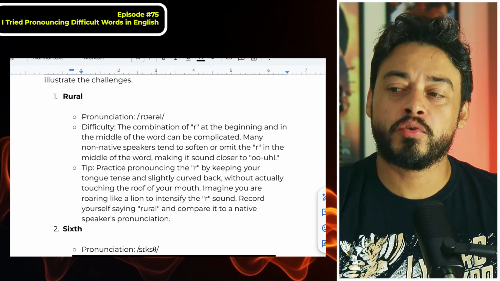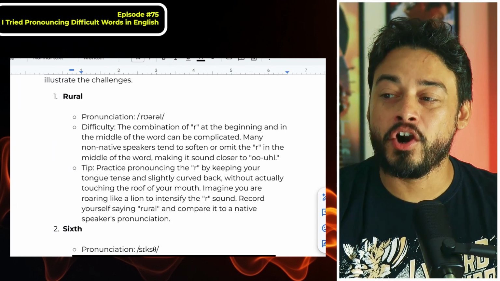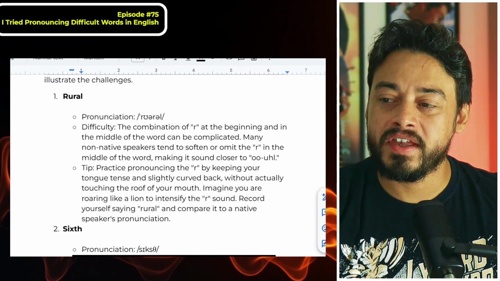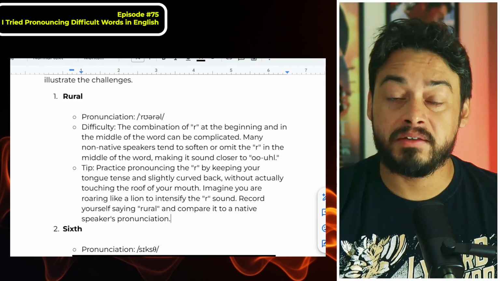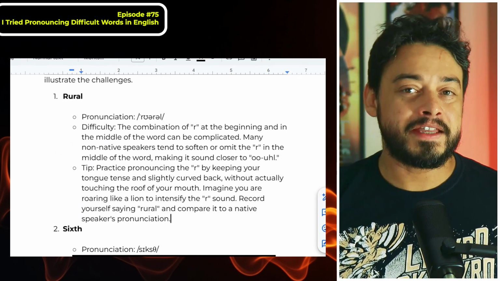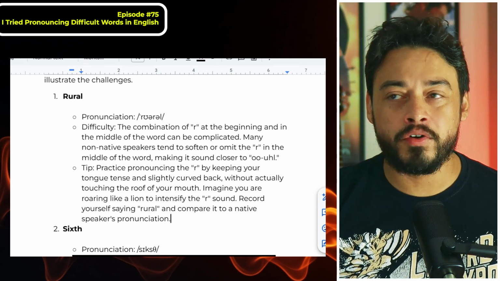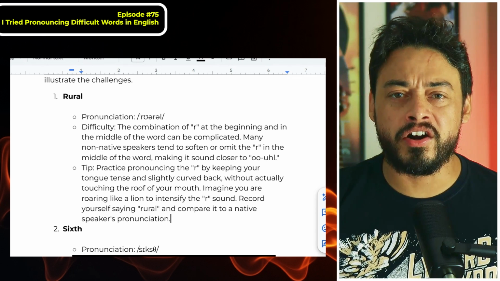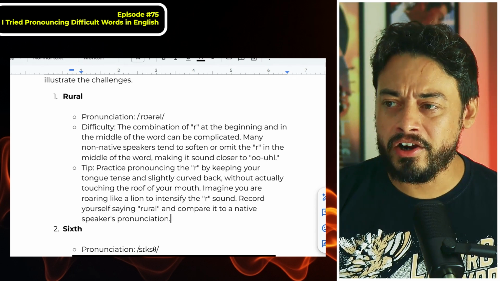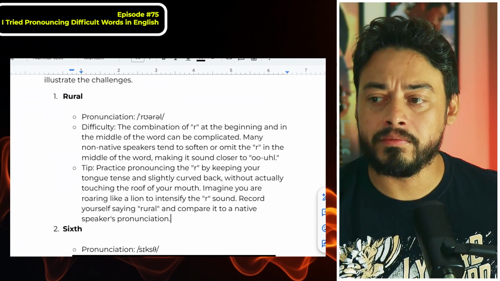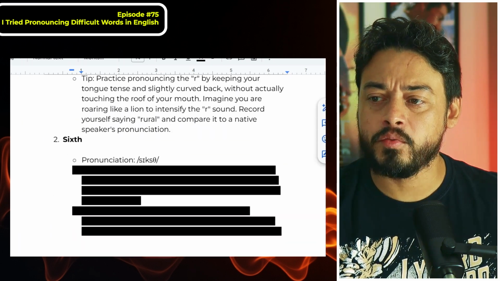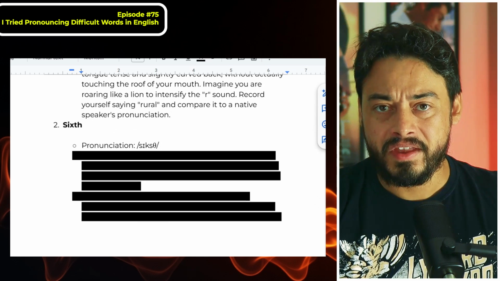Imagine you are roaring like a lion to intensify the R sound. Record yourself saying rural and compare it to a native speaker's pronunciation in media, for example. So yeah, imagine a lion, or a pirate. Pirates go r, r. So practice that sound, okay? Rural.